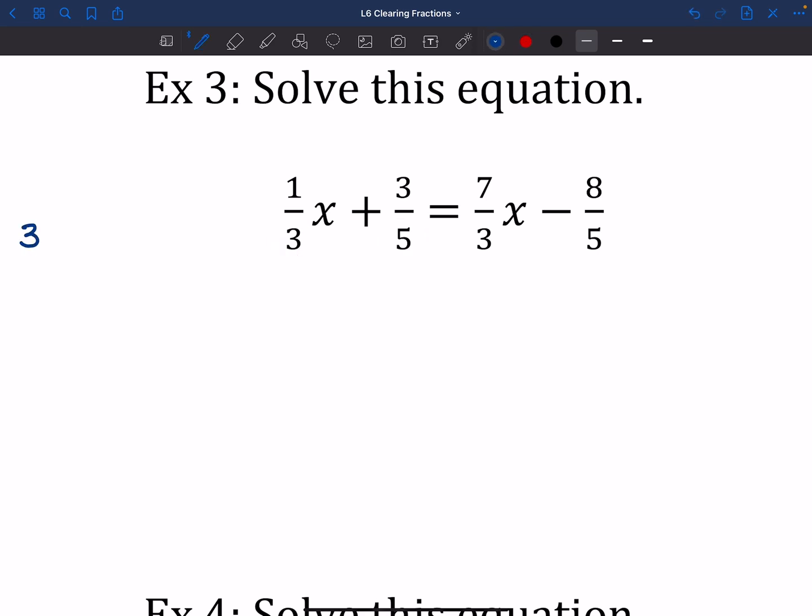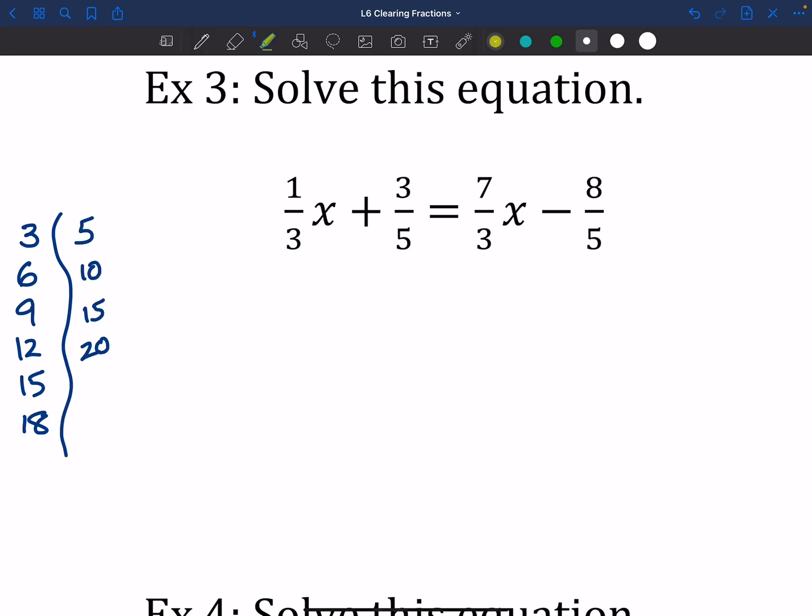Multiples of 3: 3, 6, 9, 12, 15, 18. Multiples of 5: 5, 10, 15, 20. Those are the only two I have to worry about, and the lowest thing they have in common is 15. Okay, so what I'm going to do is take everything and multiply it by 15.